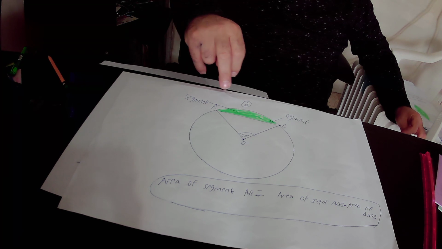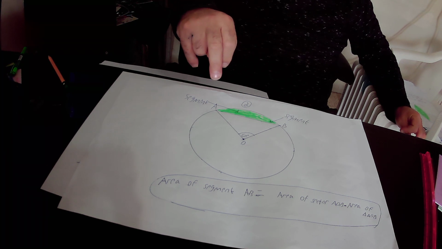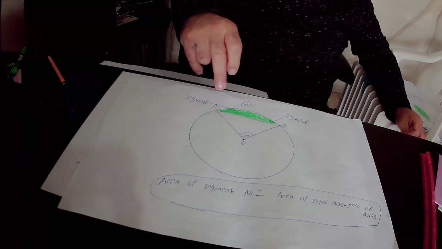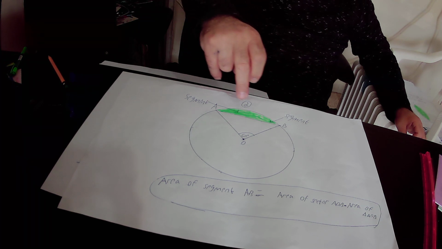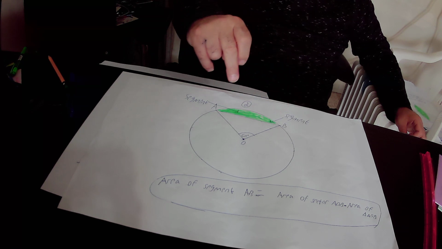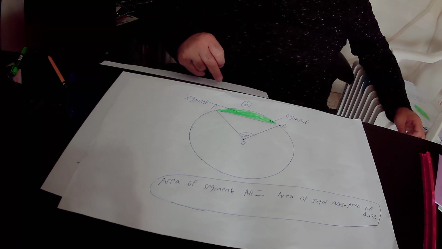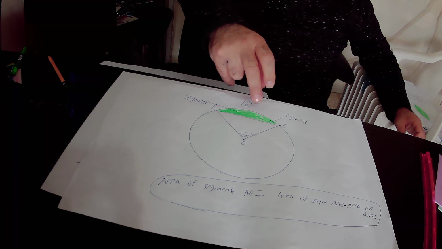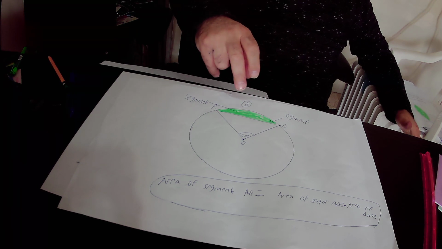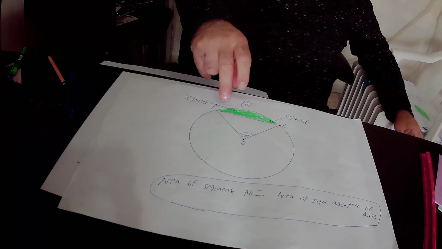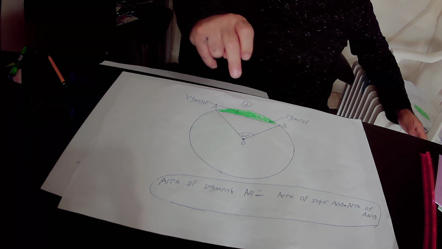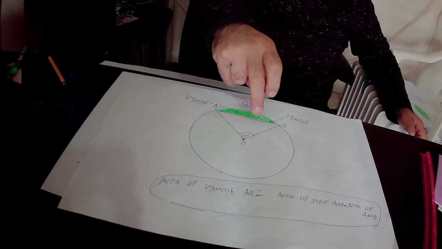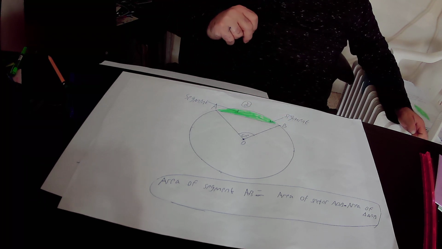In this specific case, the green segment is the area that is bounded by chord AB and arc AB, and we will calculate the area of the segment according to the formula that the area of this segment, segment AB, will be equal to the area of sector AOB minus the area of triangle AOB.